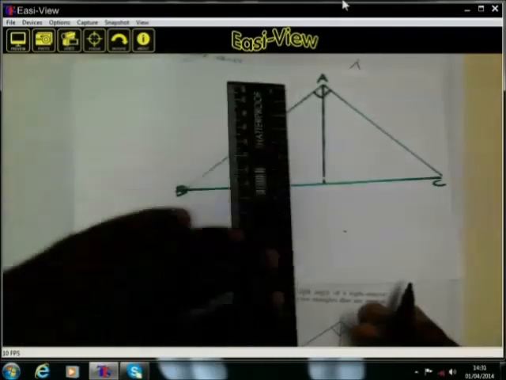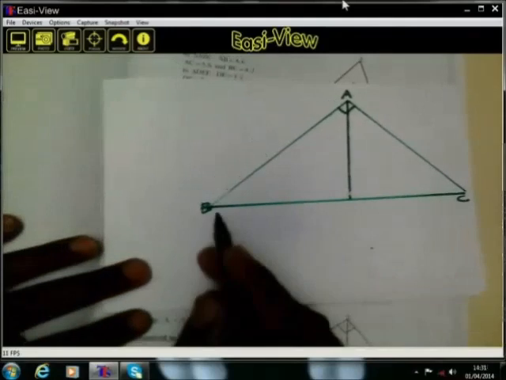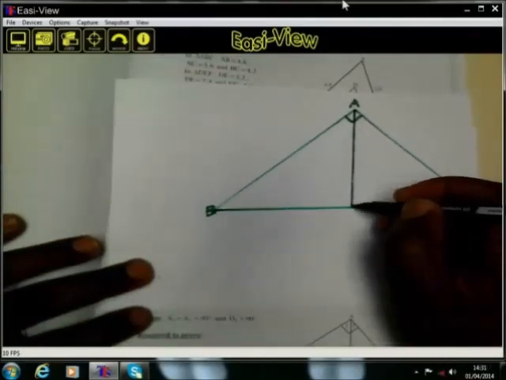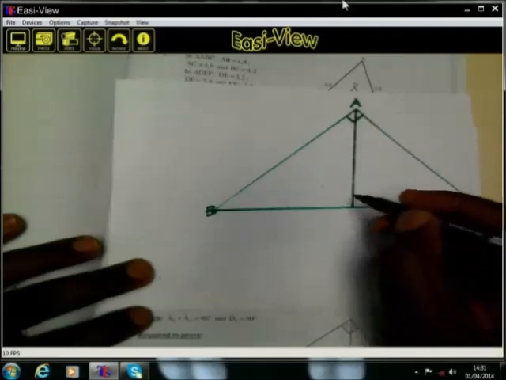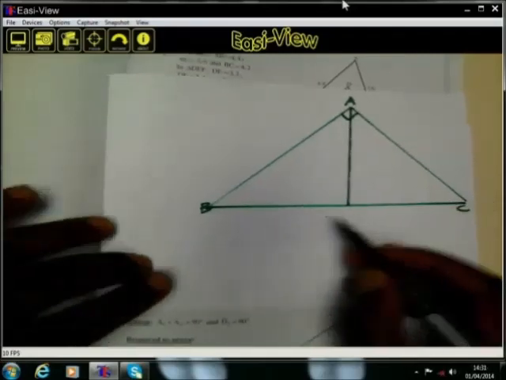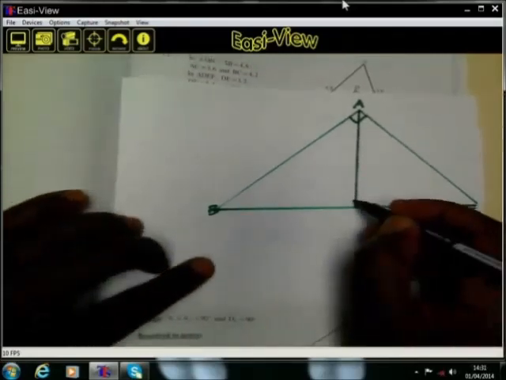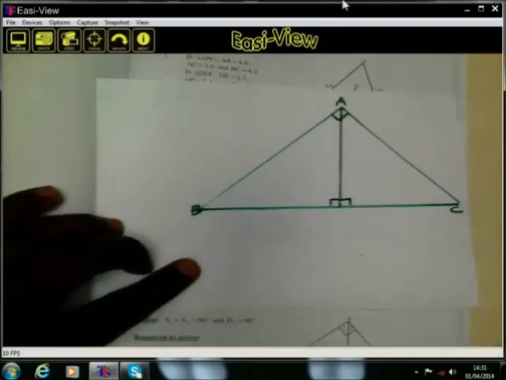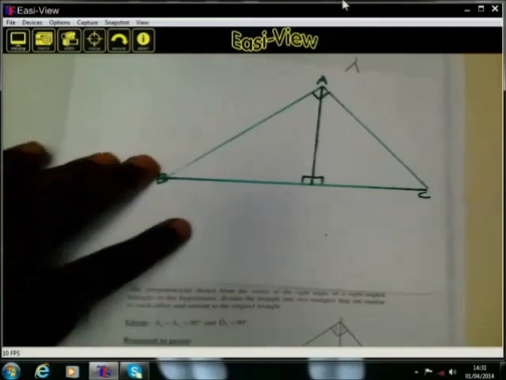And this line must be perpendicular to the hypotenuse. Remember, this is the hypotenuse. And every time we say two lines are perpendicular, it means we are having right angles at that point.